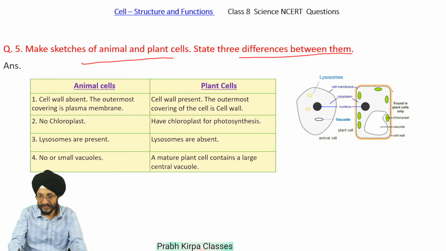You can see that this is the plant cell, and the outer covering is the cell wall. This black color is the plasma membrane or cell membrane. This is the animal cell, and the outer covering is the cell membrane or plasma membrane.